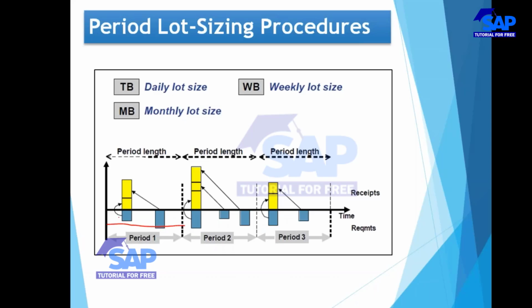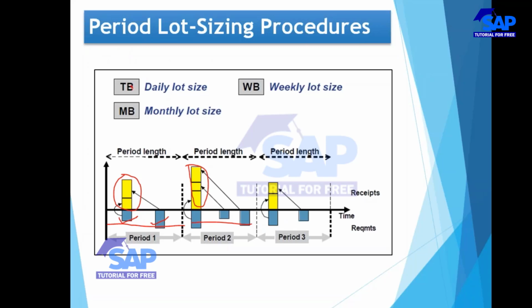Whatever requirements we have in this period, for the entire period's requirements the system will generate only one receipt element. Here this is period 2, here you have period 3. For all the requirements it will generate only one receipt element. That's what periodic lot sizing procedures are.